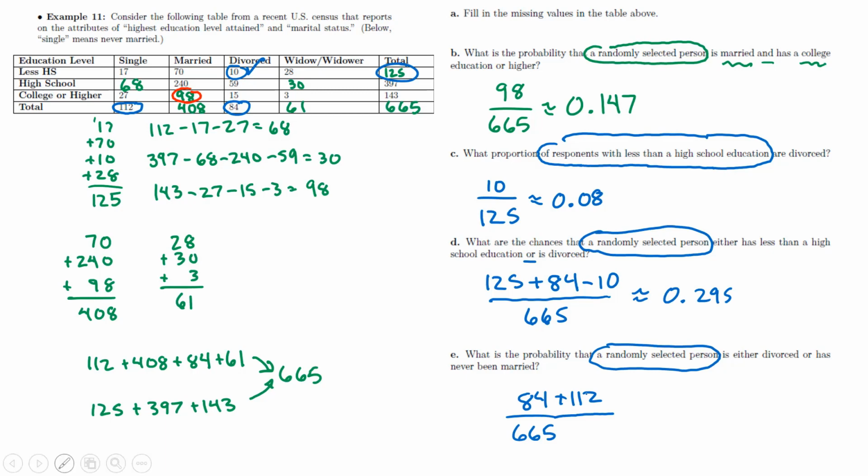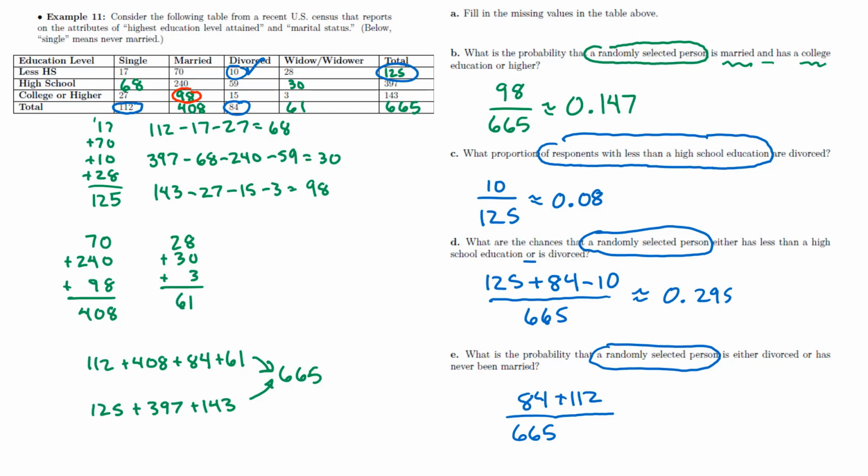Now here, I'm done. I don't have to subtract off anything because this time divorced and never been married, okay, those are what we call mutually exclusive events or non-overlapping events, right? And what they tell us is that we are dealing with two things that someone could not be at the same time, right? You can't be simultaneously divorced and never have been married.